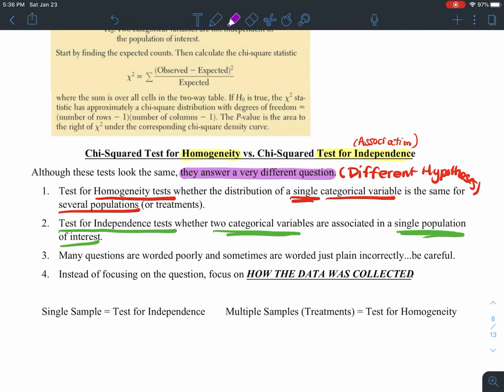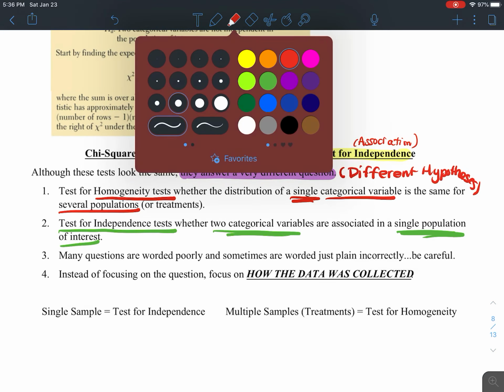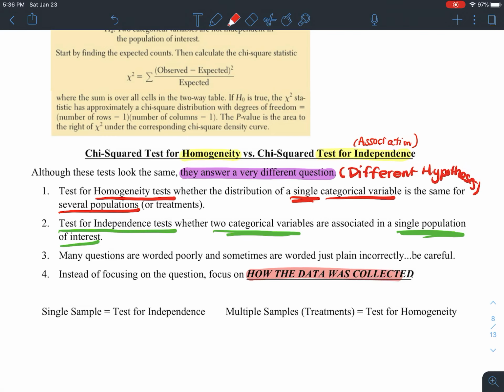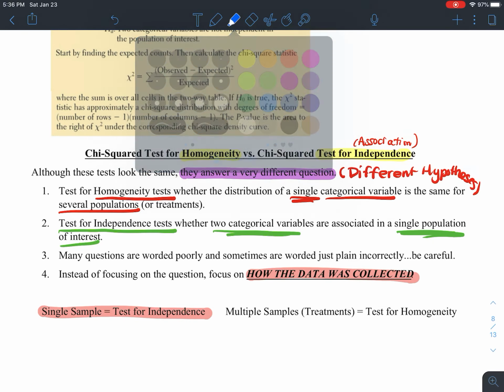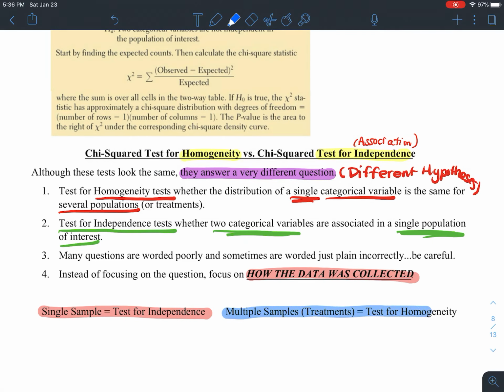So what you really want to hone in on is how the data was collected: from one sample or more than one sample. If it's a single sample, we're doing the test for independence. But if we're talking about multiple samples, or an experiment with multiple treatments, it's the test for homogeneity.